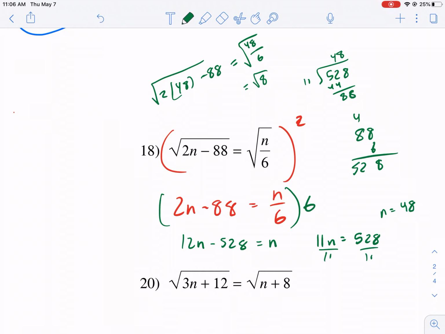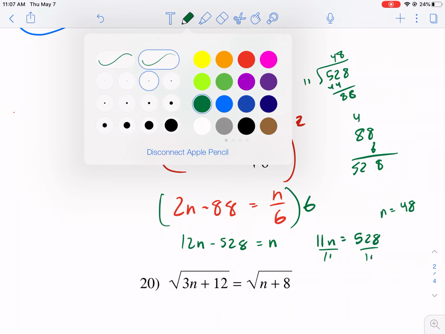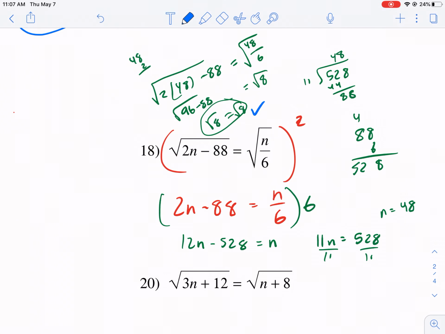So once I do 2 times 48, I'm having a brain fart here, 96 minus 88. So that's the square root of 8. Is the square root of 8 equal to the square root of 8? Yes, it is. So we have our answer. Our answer is n equals 48.